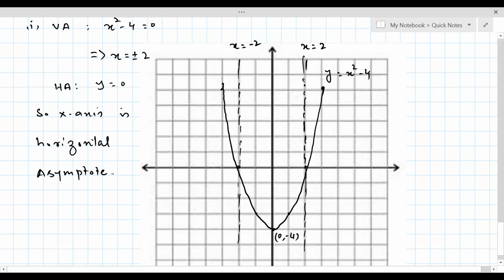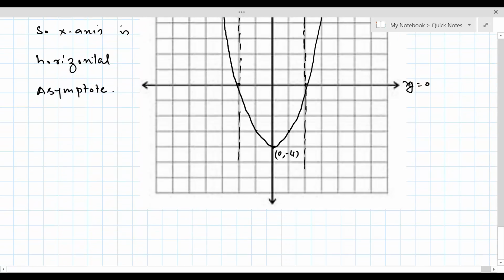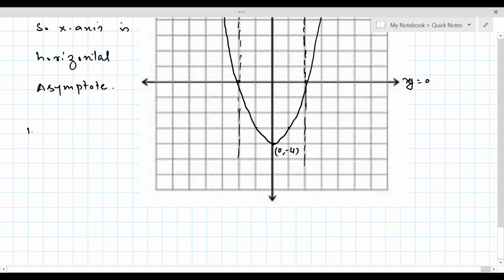So once you have vertical asymptote as well as horizontal asymptote, which is y is equal to 0, now we need to find out the invariant points. For invariant points, substitute y is equal to 1.